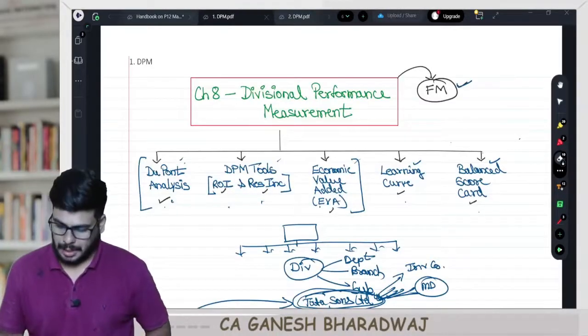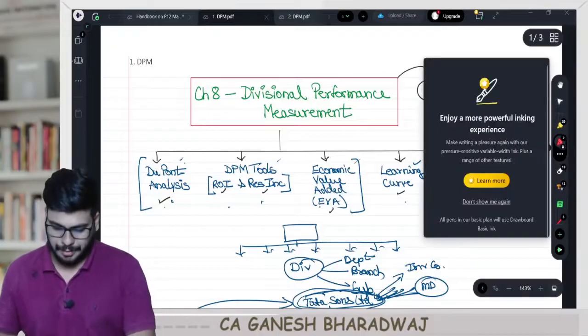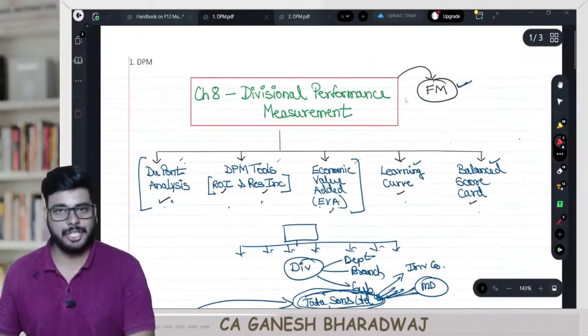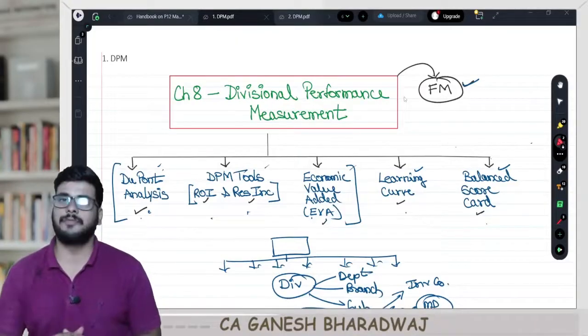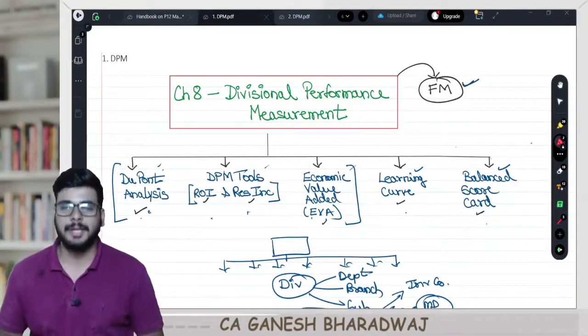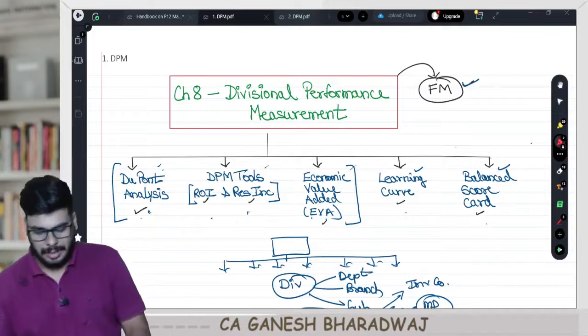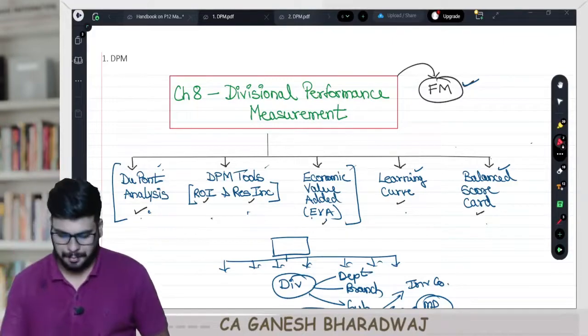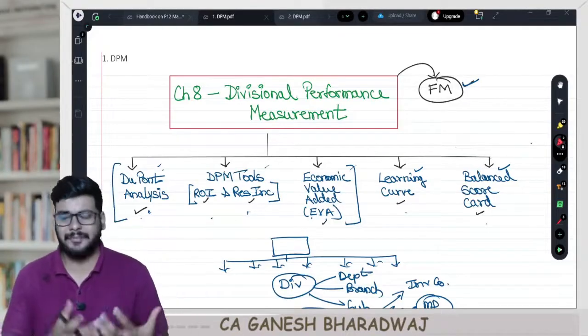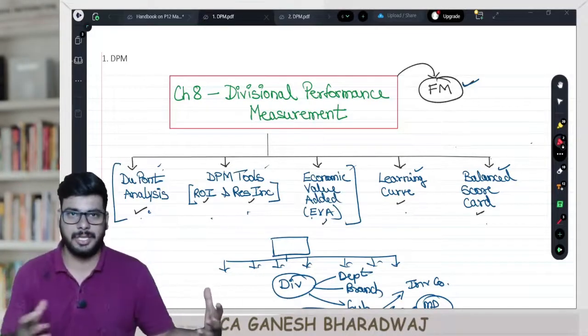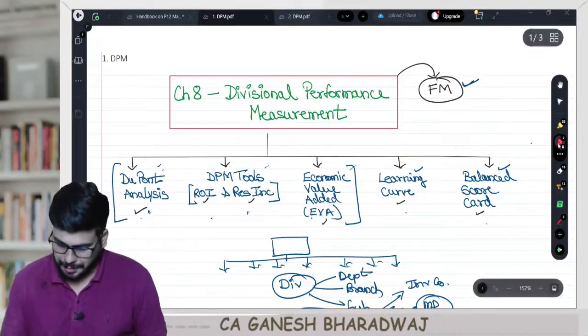So now let's get started with the revision of the last chapter of this marathon series, which is divisional performance measurement, right? Now, this chapter is broadly bifurcated into 5 concepts that revolve around this entire chapter.